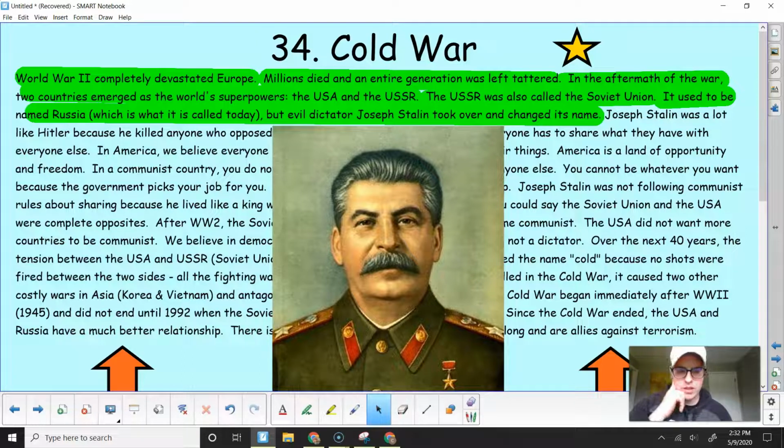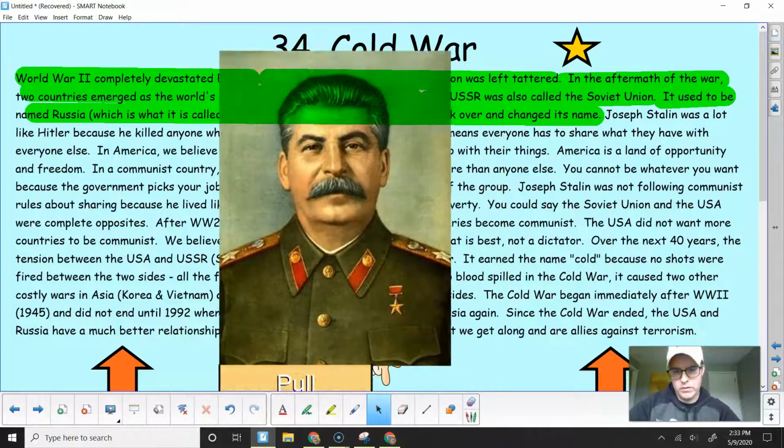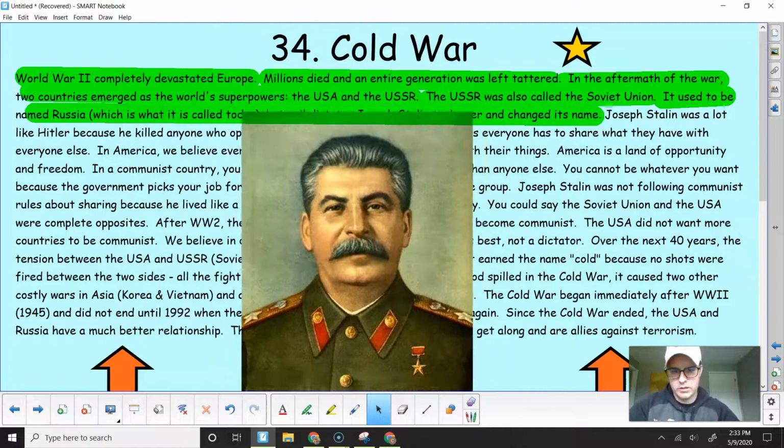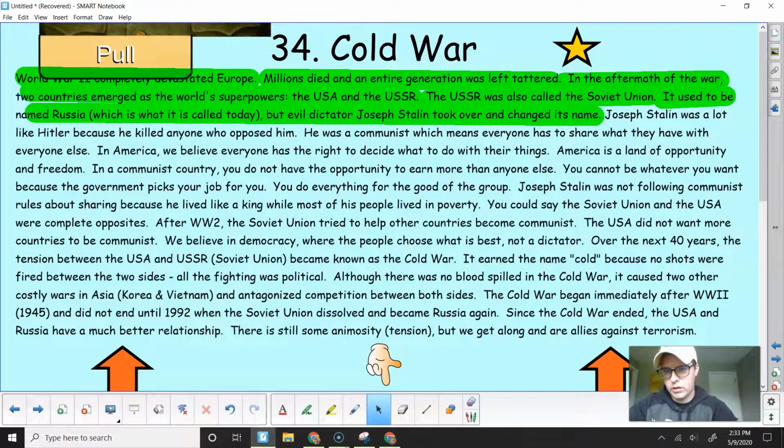He would send them to the coldest part of Russia called Siberia, and they would work in these prison camps, and they would never come back. They were just gone. So I'll keep reading about Joseph Stalin here, but now you can see this is what he looks like. I'm going to put him back in the corner.